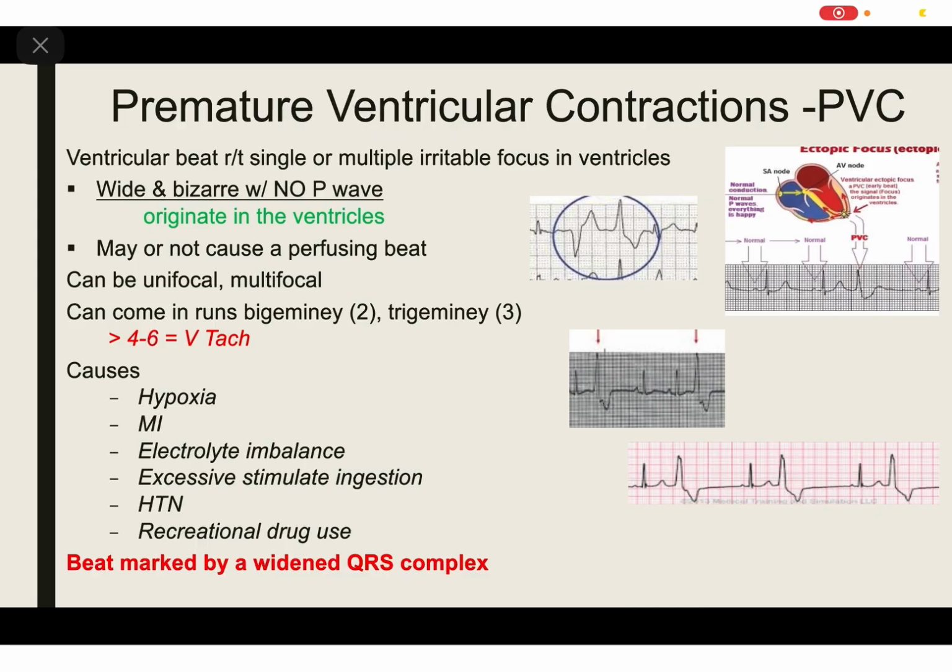They can come in patterns of 2, which is bigeminy, and patterns of 3, which is trigeminy. So within that 3 beat system, there is 1 PVC, versus bigeminy, within that 2 beat system, there is one PVC.